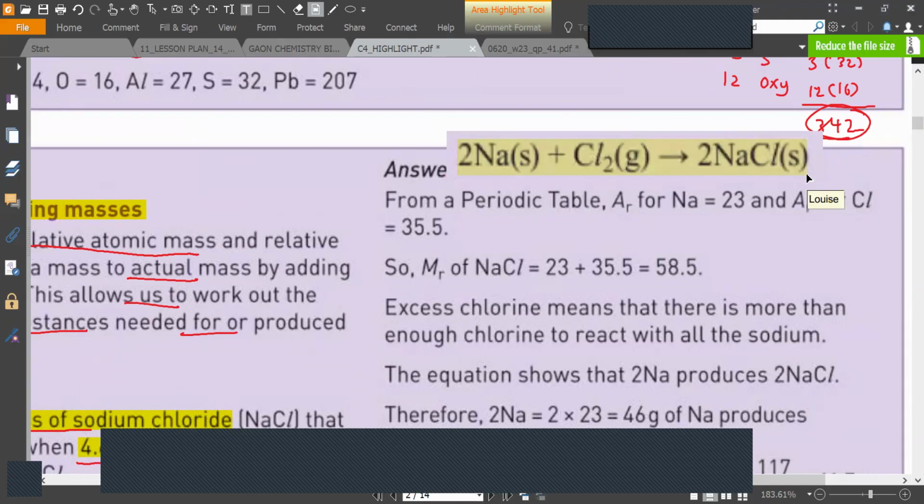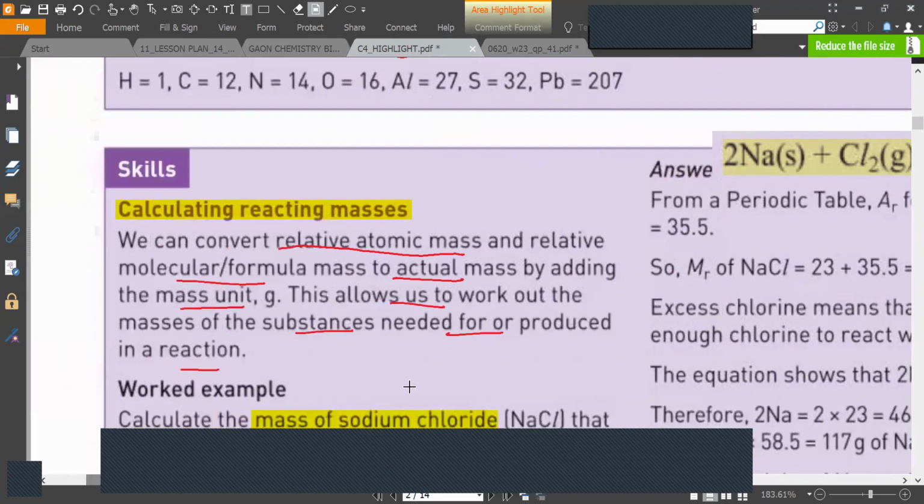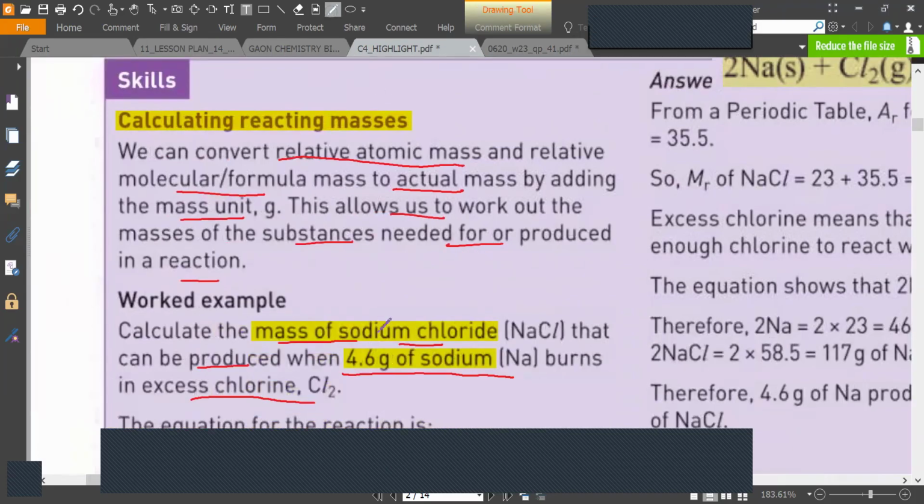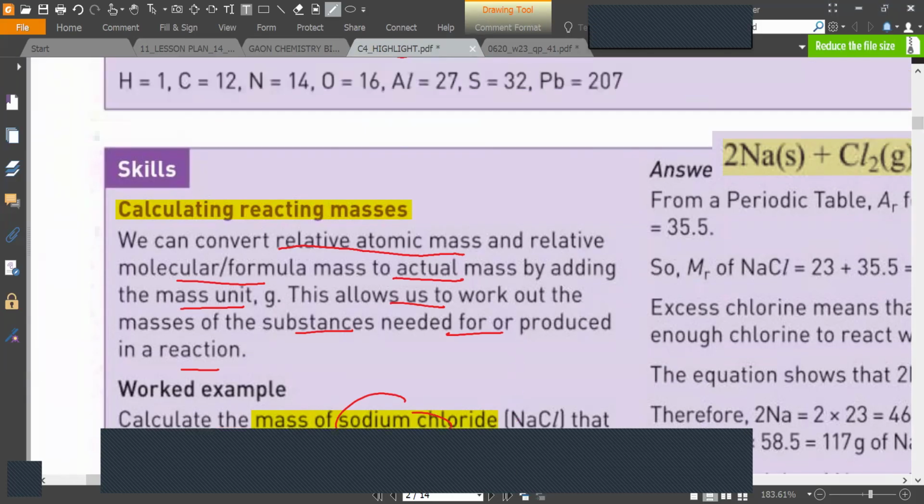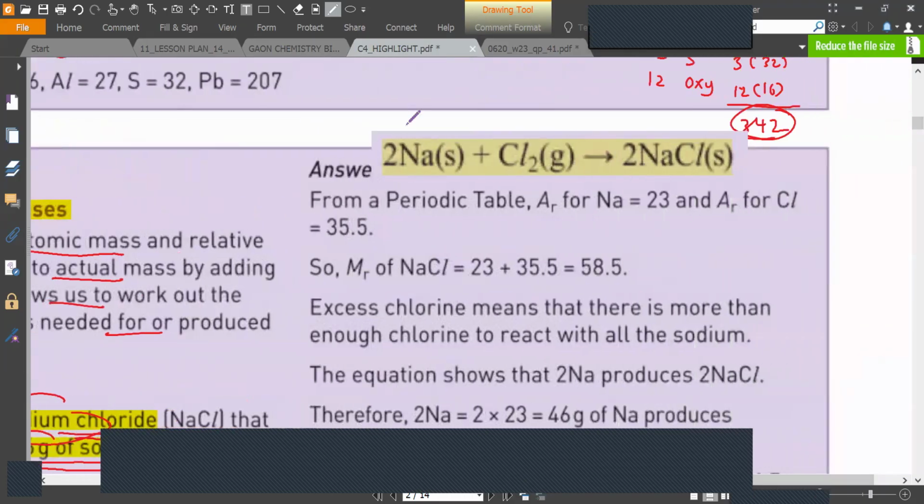What we want to calculate is: if we put 4.6 gram of sodium, how much sodium chloride will we get? That's our question.